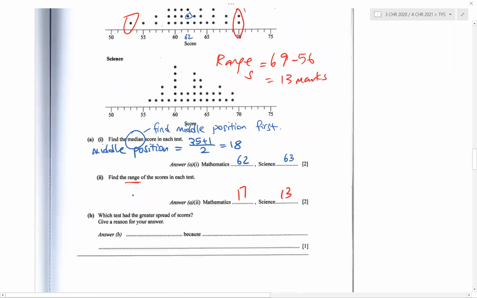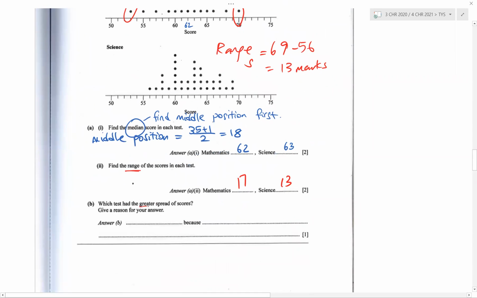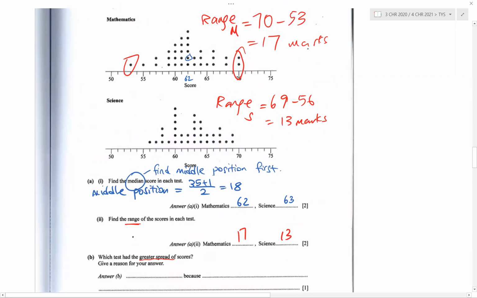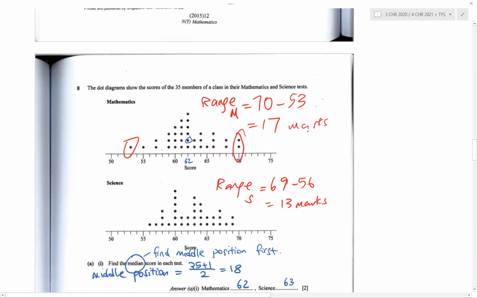Okay, so which test had a greater spread of scores? We need to understand the question now. Which test had a greater spread? What does spread mean? It's literally talking about the range. Which one is more spread out?